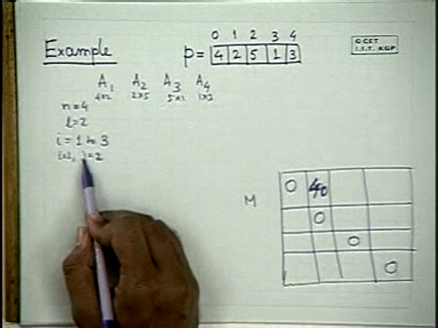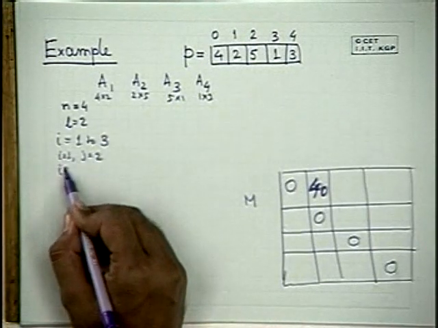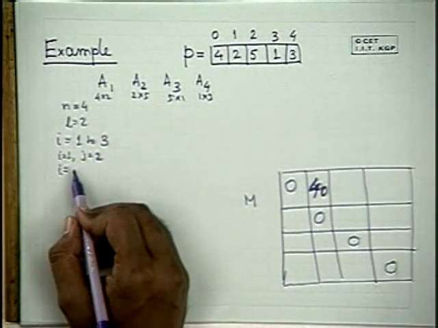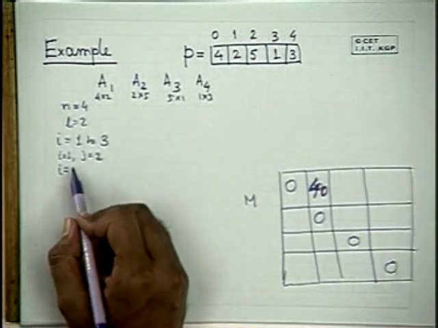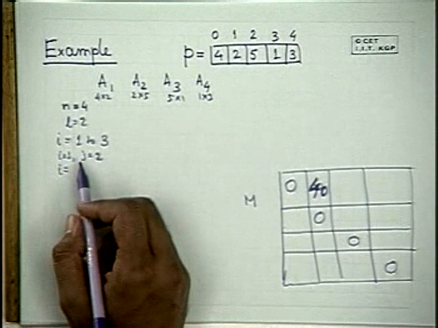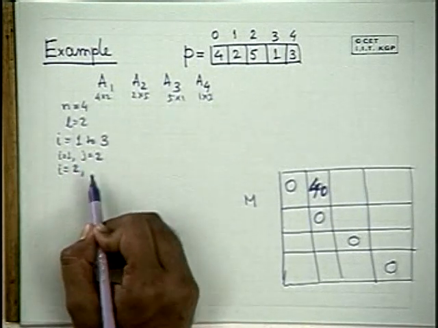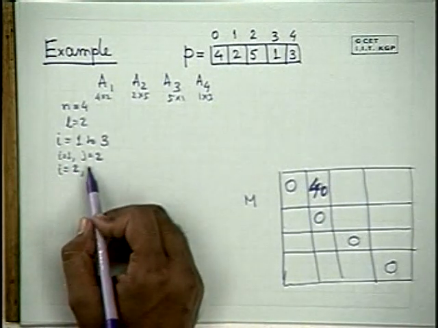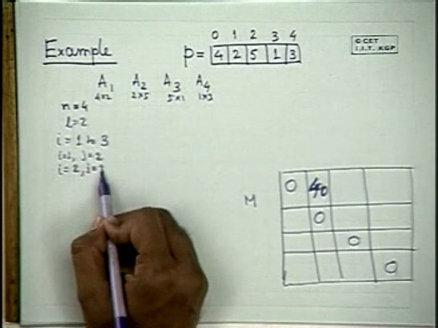Okay, so that is I equal to 1. The k loop is done, then again I becomes 2 and j becomes 3.